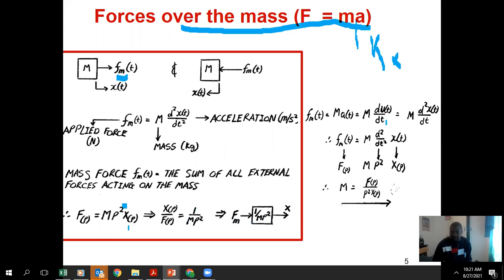Now, a closer look at this: MA, A being the first derivative of velocity, which makes it the second derivative of displacement.